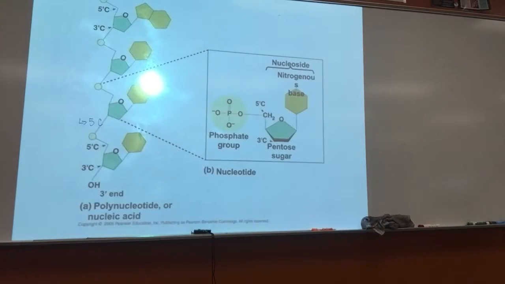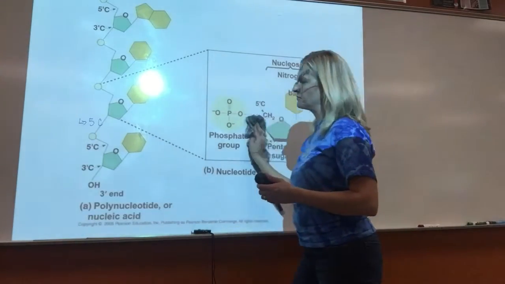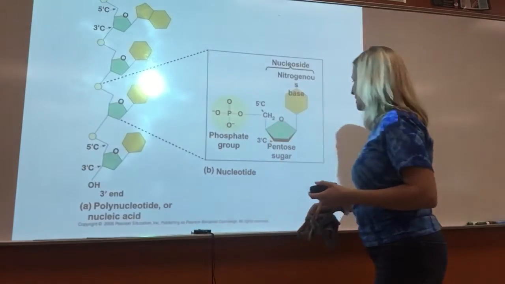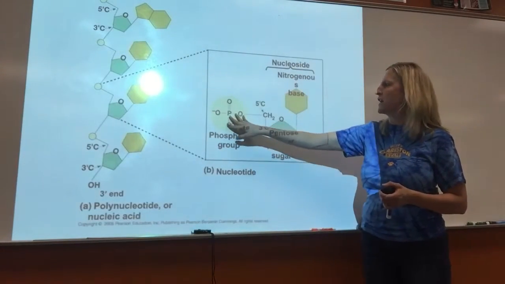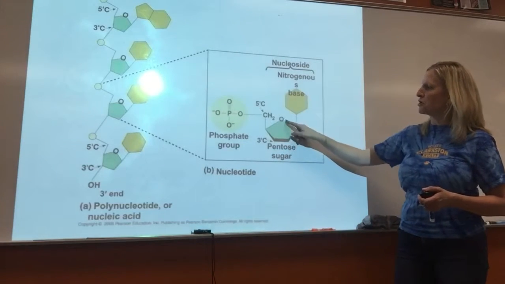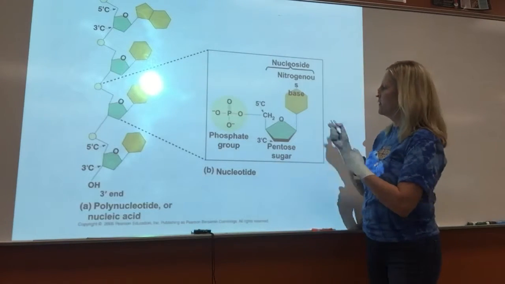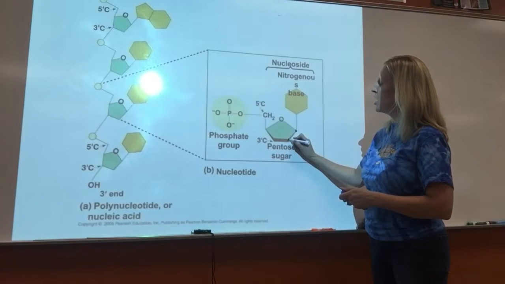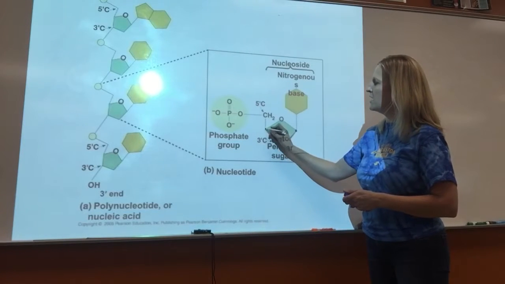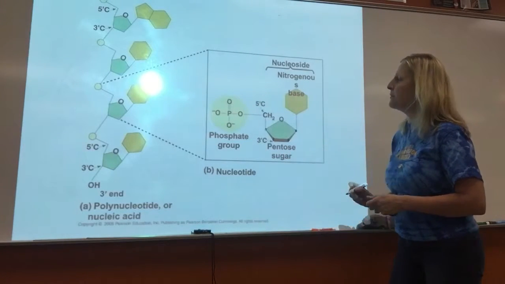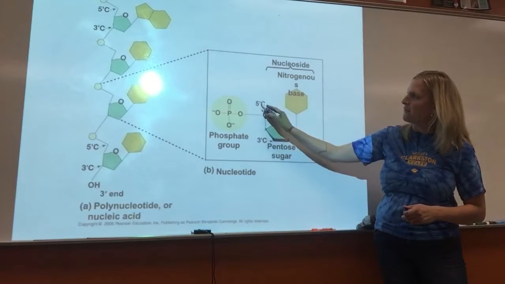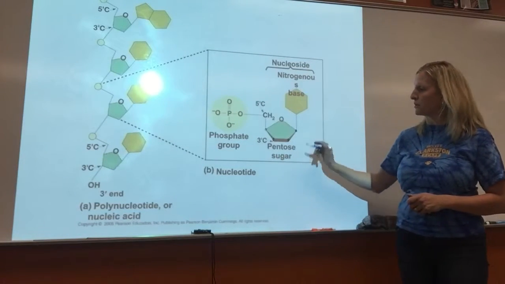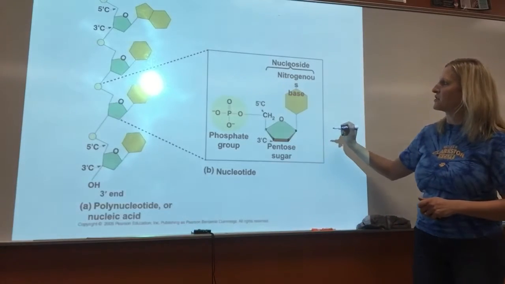So let's look at the picture here that shows that. Here's the construction of the nucleotide first. Here's your phosphate group. Here's your pentose sugar. This is the first carbon, second, third, fourth, and the fifth carbon is not part of the ring. These numbers, 3 and 5, are important. I'll talk about that in just a second.